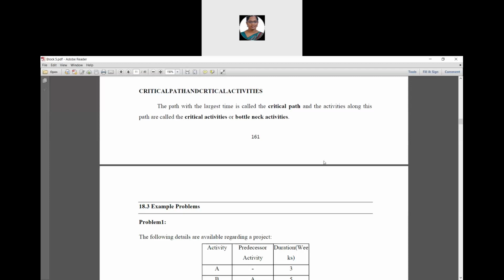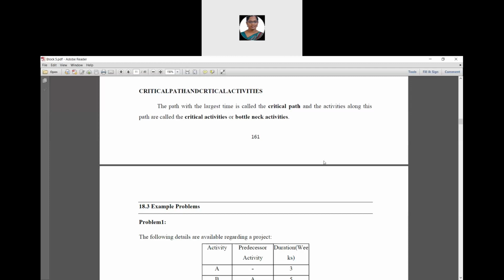The next assumption for CPM is that project activity sequence relationships can be specified and networked.